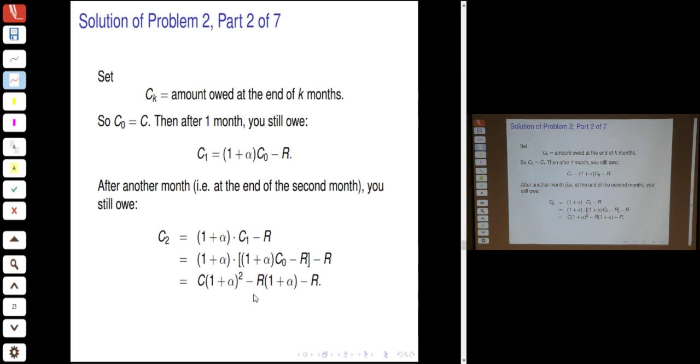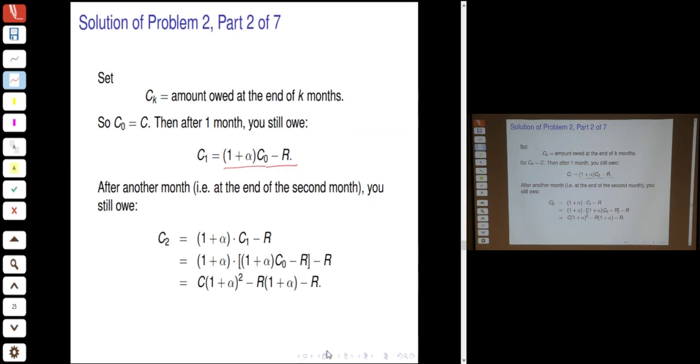Okay. So let's see that. At the end of 1 month, the following will happen. In 1 month, our debt will actually grow because of the monthly interest rate. But it will also reduce to some extent, because at the end of the month we are also paying off some amount. Okay. So our debt grows by a factor of 1 plus alpha. So it's 1 plus alpha times C0. But that amount is further reduced by an amount R, which is our monthly payment.